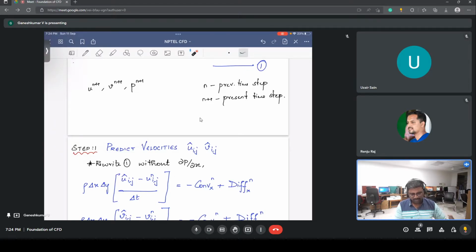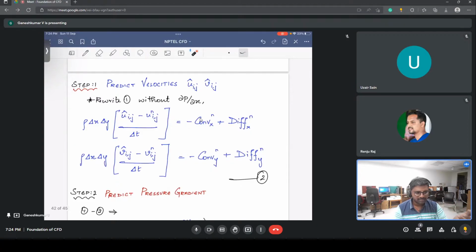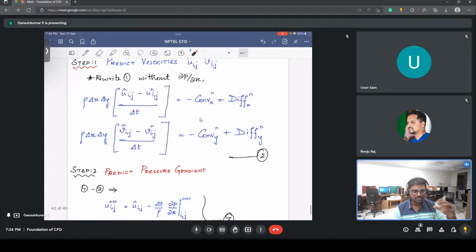It cannot gain or lose. Whatever mass comes in should go out, right? So the predicted velocity won't satisfy the continuity equation, but the corrected velocity will. We will come to that later. That is actually a link to our step 2.